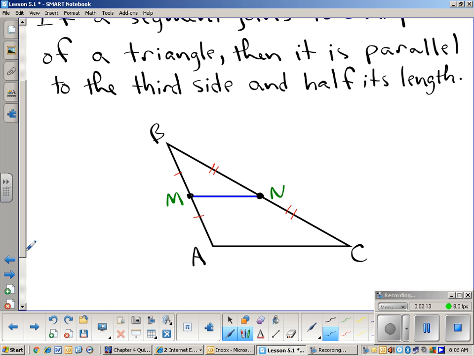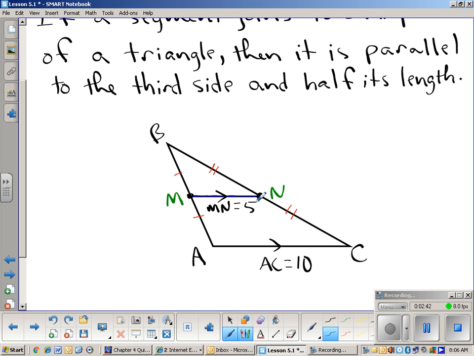So this theorem is saying, if this is the mid-segment, then it is parallel to the third side, segment AC, and what else does it say about it? Half its length. So if you know AC equals 10, how long is MN? 5.